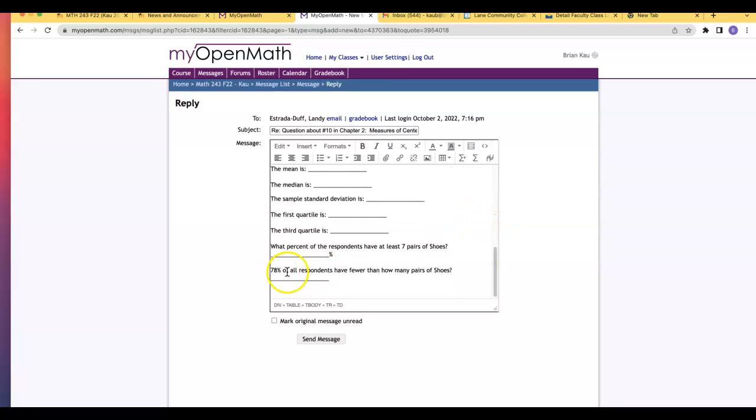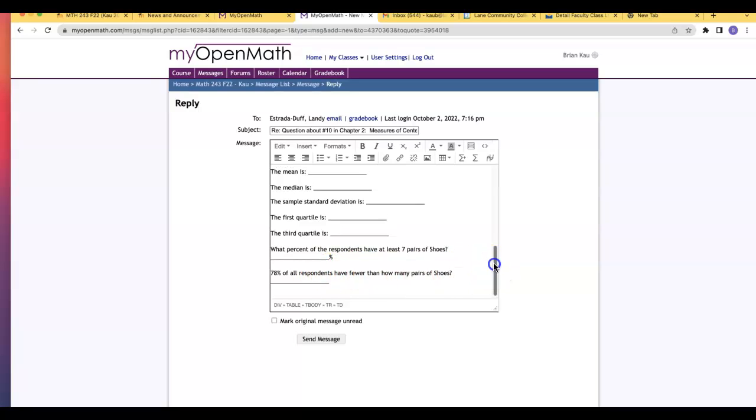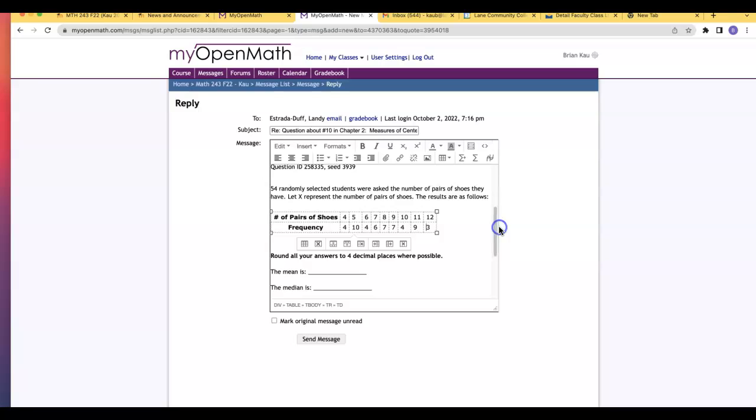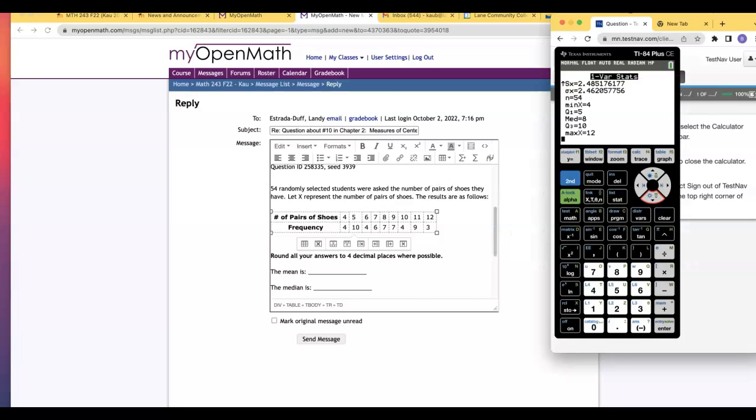Now it says 78% have fewer than how many pairs, so we just need to figure out where 78% is. That one would be just finding a percent. 0.78 times 54 would be 42. So it's between the 42nd and 43rd number. We'd have to go in order here.